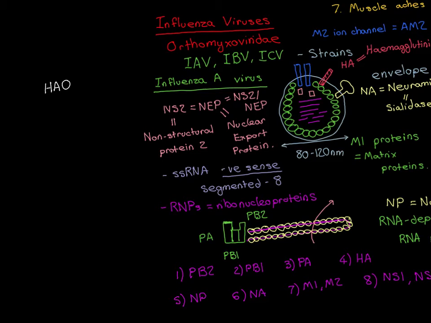However, in order to make one of these molecules in the viral envelope, we need to take 3 of these, trimerize them together, and also cut each one of them in this trimer into 2 separate portions. So hemagglutinin 0 is cut into 2 separate portions: hemagglutinin 1 and hemagglutinin 2.